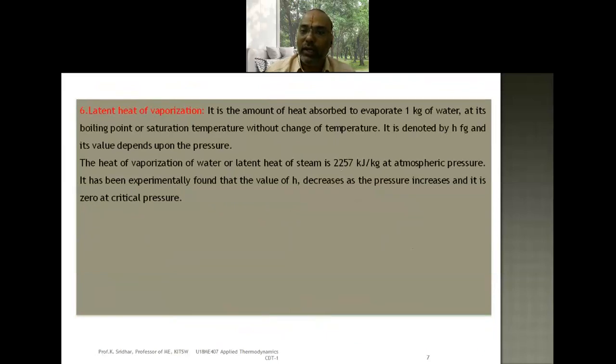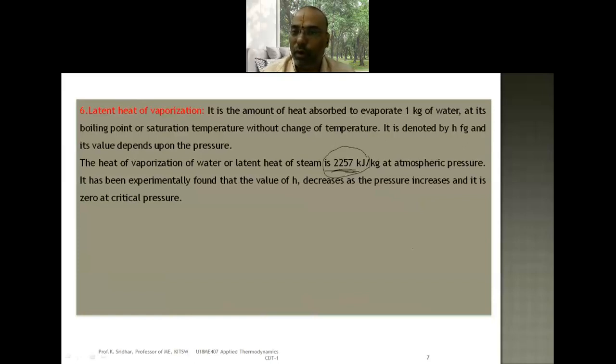The next one is known as the latent heat. The latent heat of the steam is nothing but 2257 kilojoules per kg for the water or for the steam. What is the meaning? If you want to convert 1 kg of water into 1 kg of steam, how much heat input is required? That is equivalent to 2257 kilojoules of heat to convert 1 kg of water into 1 kg of steam.